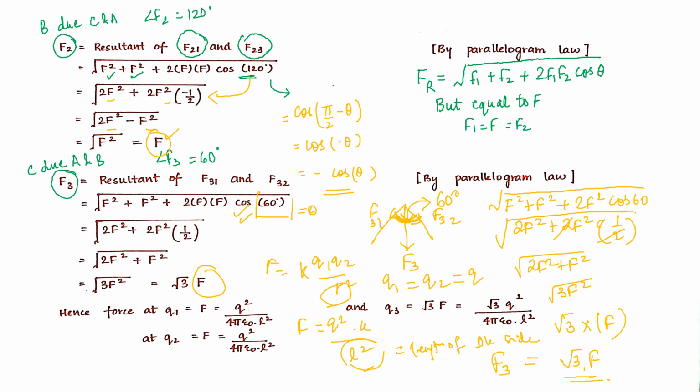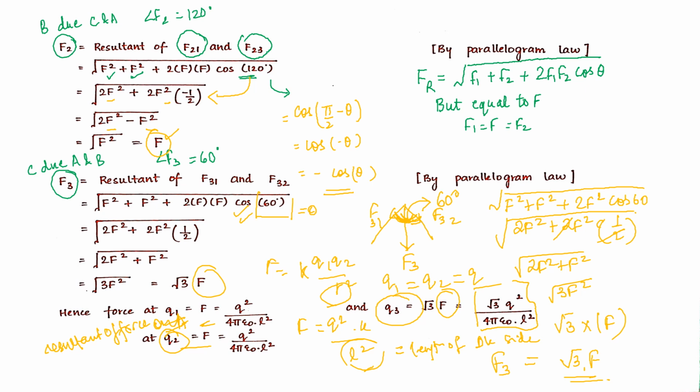So the resultant force on A is given by q square by 4 pi epsilon naught into L square. Similarly on Q2 it is given as q square by 4 pi epsilon naught L square, and at Q3, in a similar way, we get under root 3 into force F. So this is the value we are getting: under root 3 q square by 4 pi epsilon naught into L square.